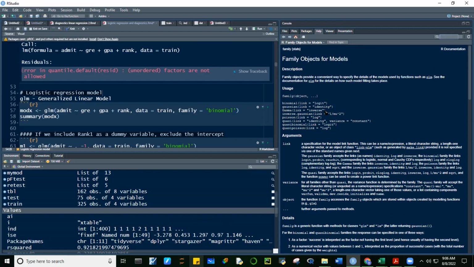Link function. So, andyan si binomial. Okay, andyan si Gaussian. Andyan si iba't ibang klaseng functionalities. Gamma, inverse, Poisson, quasi binomial, quasi Poisson. So, if the functionality is of this type, hindi natin pwede magamit si LM. We have to use the generalized linear model.